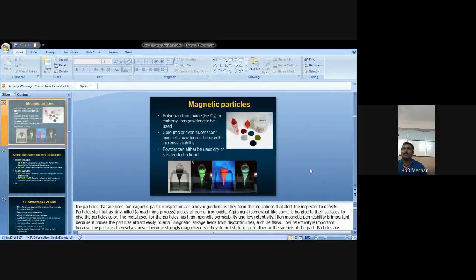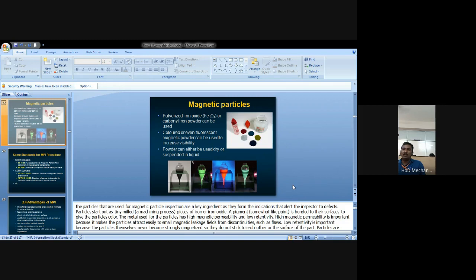Now the magnetic particles. We have to use particles as the medium of MPI testing. So what particles have to be used? Pulverized iron oxide. The chemical formula for this is Fe3O4.